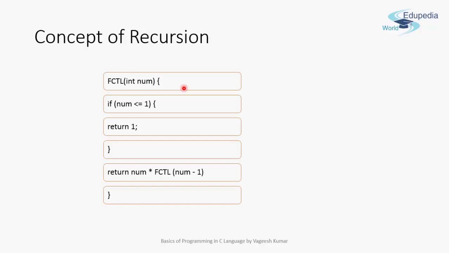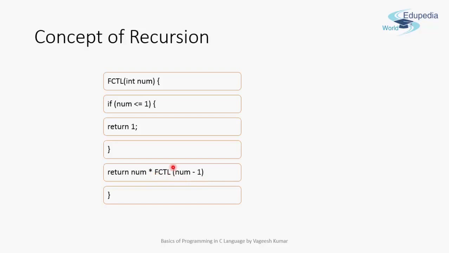So in that case we have put a check that when you reach 1 or whenever the user enters 1, you have to return 1 straight away. If this is not true, the number is not less than or equal to 1, the number is greater than 1. So what we will do is return num, whatever the number is, multiplied by FCTL(num minus 1).